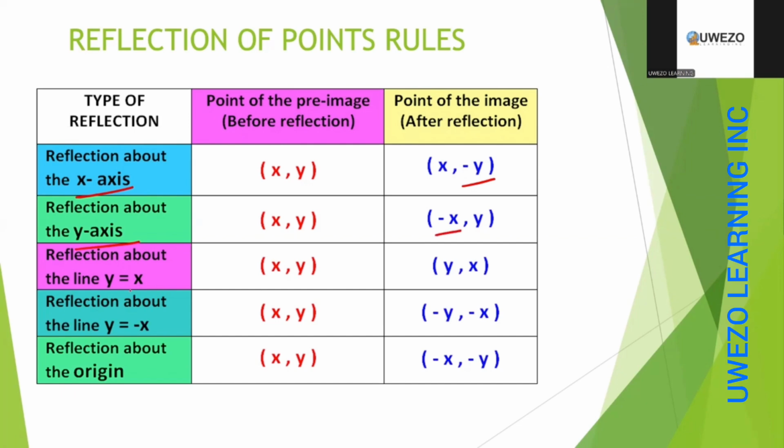If there is a reflection about the line y equal to x, then we interchange the x and y coordinates. Also, sometimes there could be questions where there is reflection about origin, then we have to change the sign of both the coordinates. And if there is a reflection about the line y equal to minus x, you interchange the coordinates and also flip the sign.